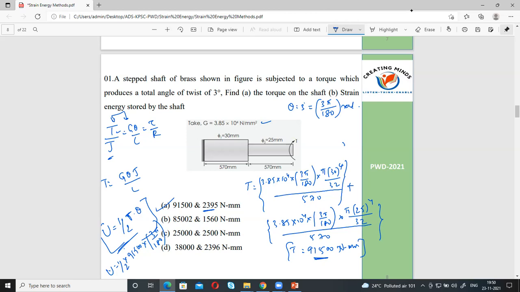For a rectangle, it is also Ixx plus Iyy, that is bd cubed by 12 plus db cubed by 12. It is called Iz. For J value and y value, you have to refer to your engineering mechanics.